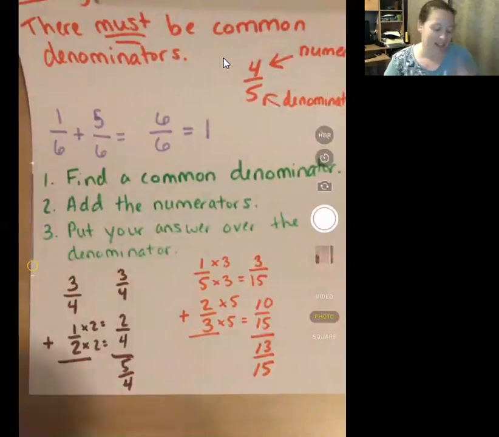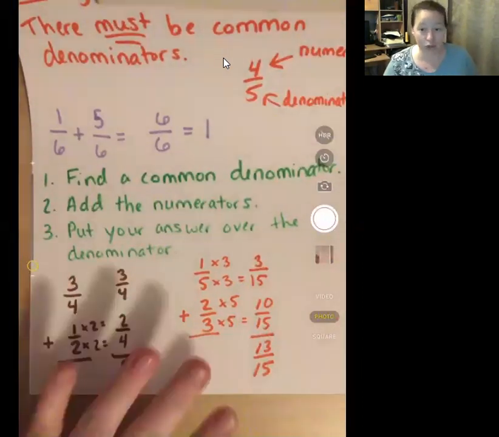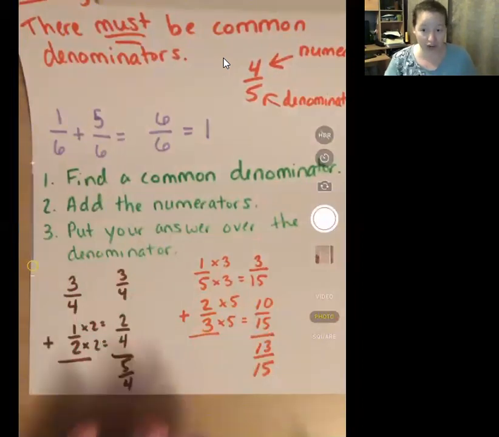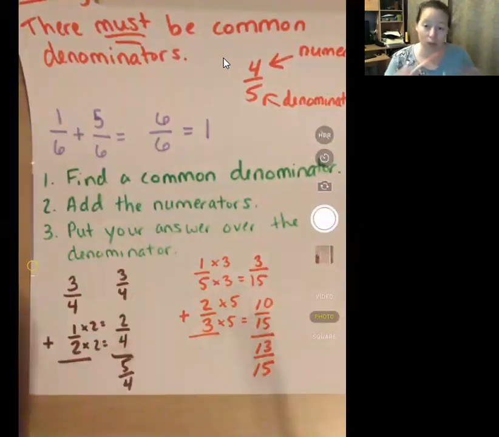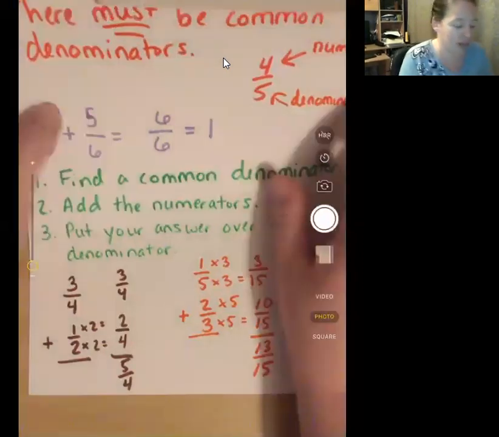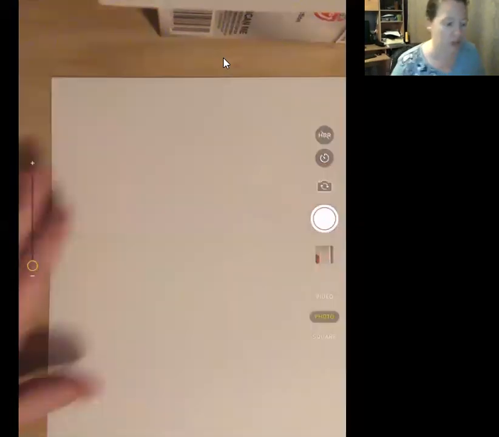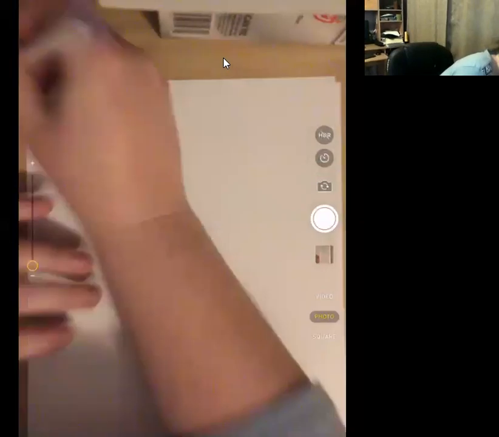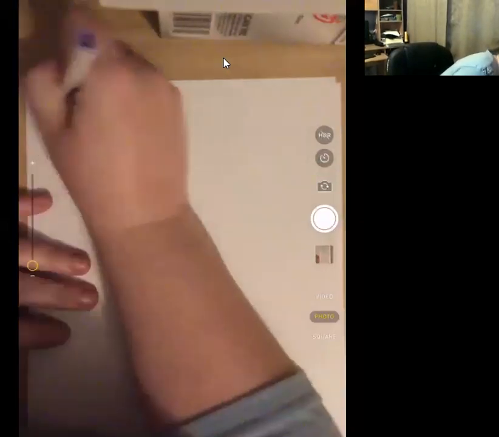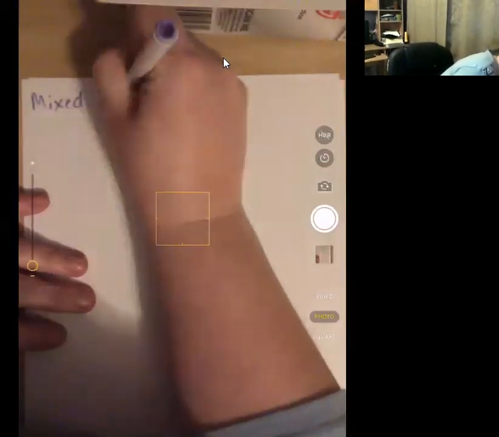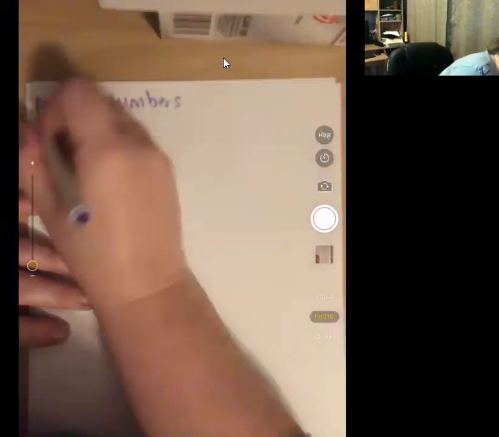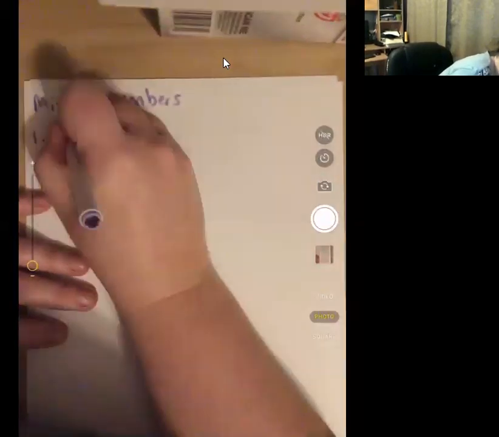Now, that's with just plain fractions. Just the fractions by themselves. We're not worrying about any of the other stuff. But what do we do when the other stuff shows up? When I end up with a mixed number. So if I have a mixed number, this is what ends up happening. Number 1, still common denominators.